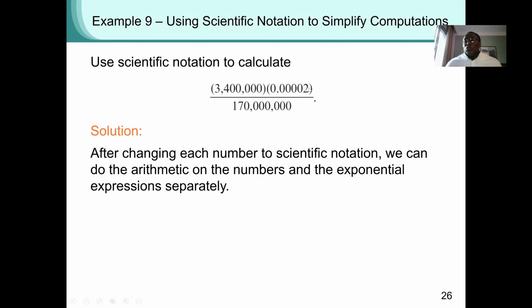Remember, I'm going to the right, so I'm increasing the value. So it will be 2 times 10 raised to the power negative 5. We have 5 decimal places to reach 2. And here we have 170 million. So we count 1, 2, 3, 4, 5, 6, 7, and 8. So we get 1.7 times 10 to the power 8. We are reducing the value, counting towards the left.